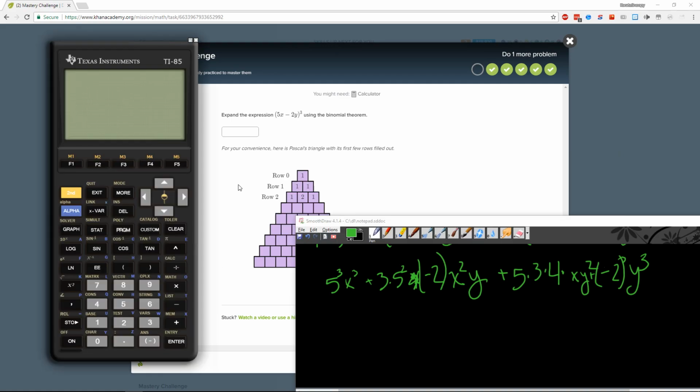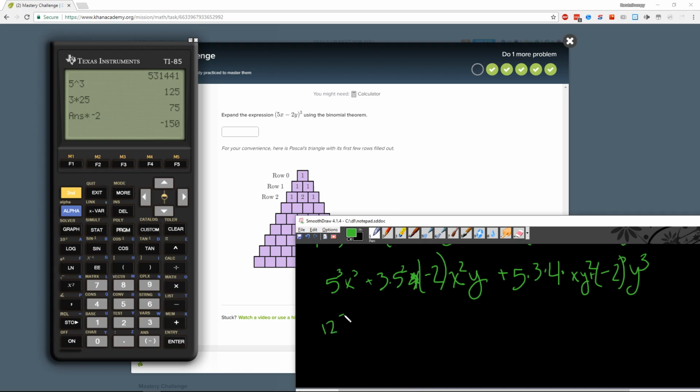Flip over a calculator, as it says we can use our calculator. So 5 to the third, so 125. 3 times 25 times minus 2. Let's write some of this down.